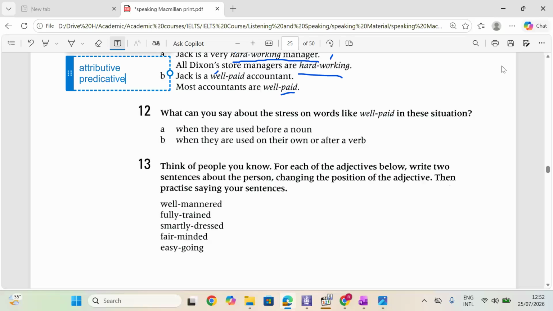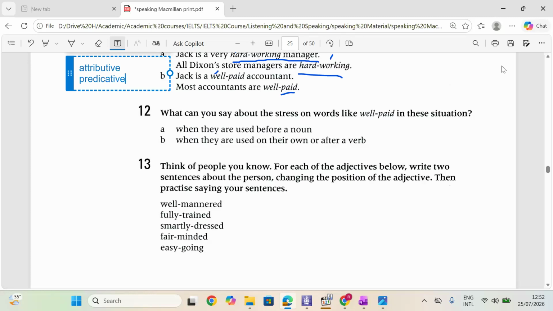My football coach is fully trained. He is a fully trained coach. My mom is always smartly dressed. She is a smartly dressed woman. My best friend is fair-minded. My best friend is a fair-minded person.